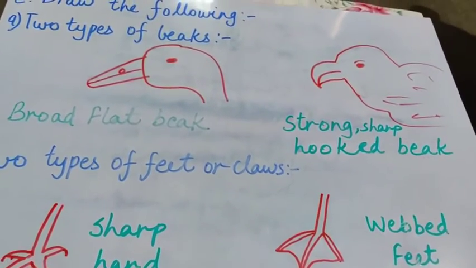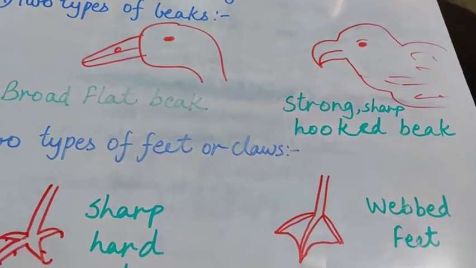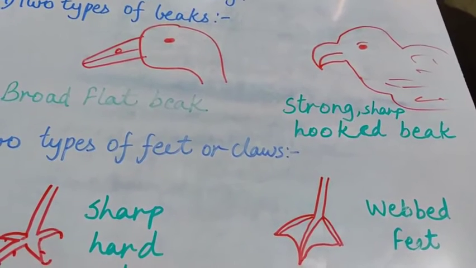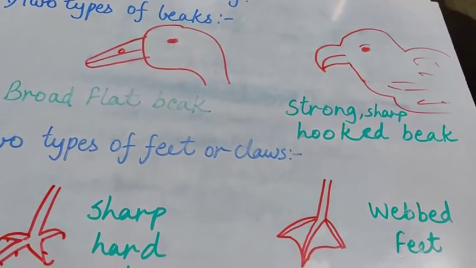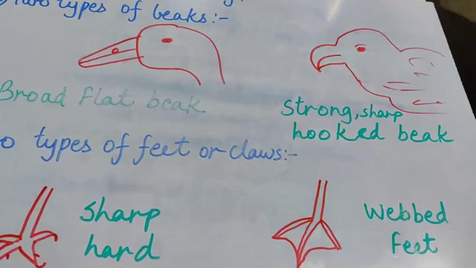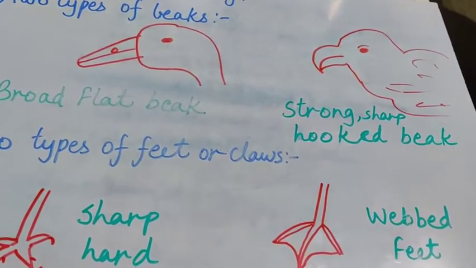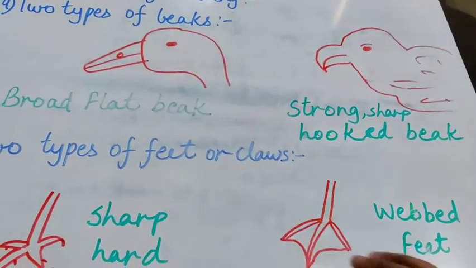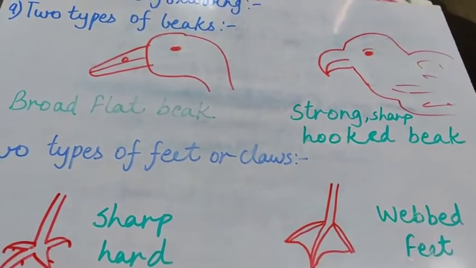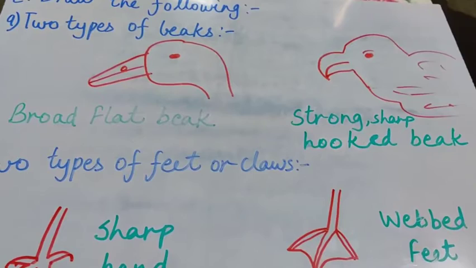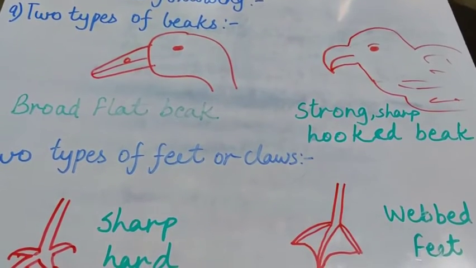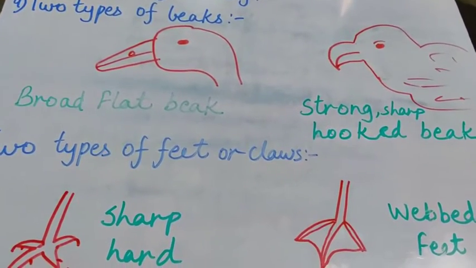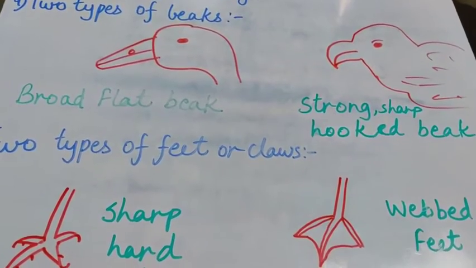Now our last part of this question is to draw the nests. Let's see how we can make nests also. I hope you have understood how to draw the beaks. You can easily make them. Try to make them on your own, don't take others' help. Practice it, because it will come in exams.